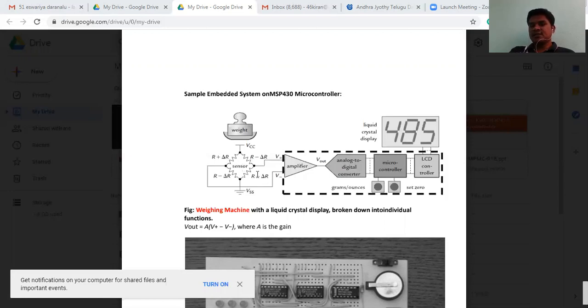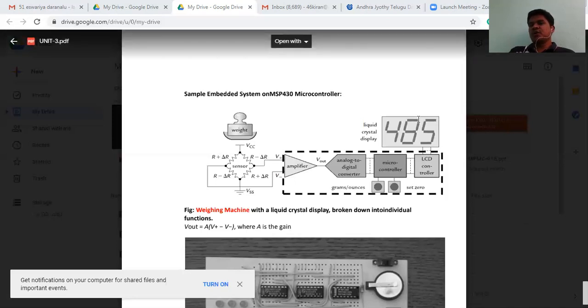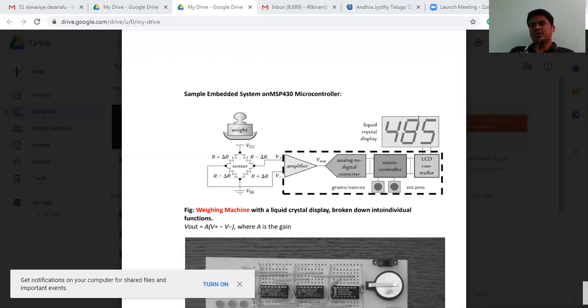When the bridge is balanced, this V plus value and V minus value are going to be the same. V plus minus V minus is going to be zero. Then V out is nothing but 0, as per the op-amp principle. When V out is 0, then the output of the LCD is also going to be 0. Means without weight, the output is displayed as 0 only, 0 ounces or 0 grams.